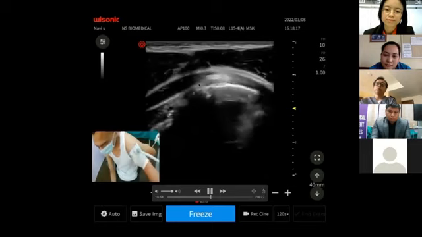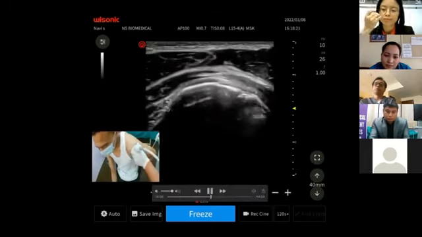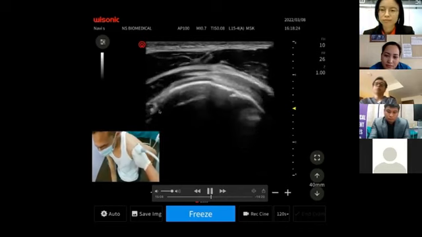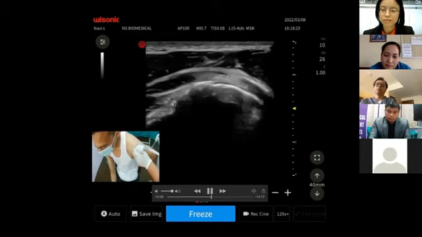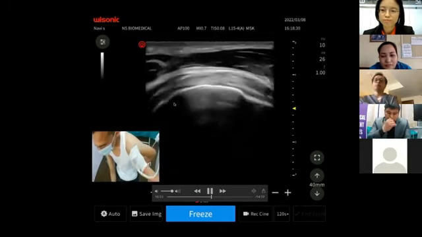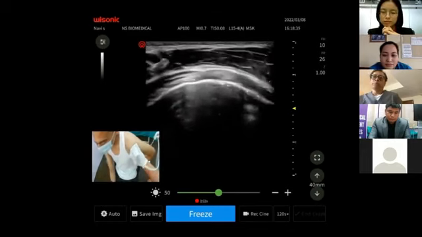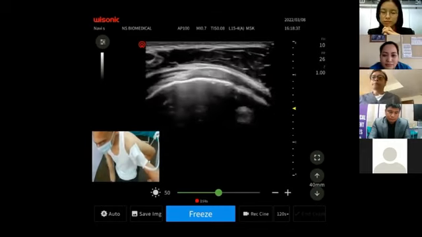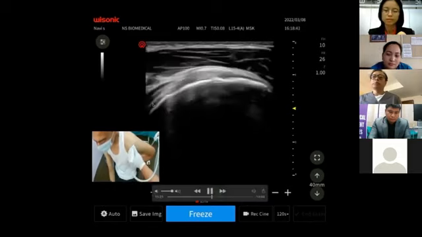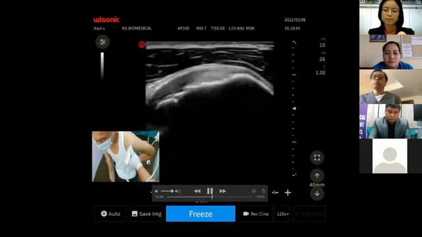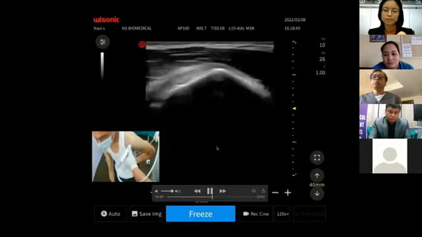And even more posteriorly, it has a very vertical facet. That is where the teres minor tendon comes and attaches. So now as we go anteriorly, just anterior to the supraspinatus tendon is the rotator cuff interval.